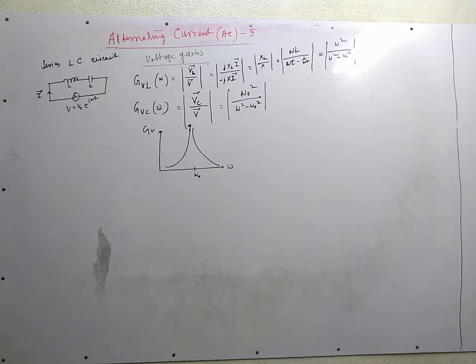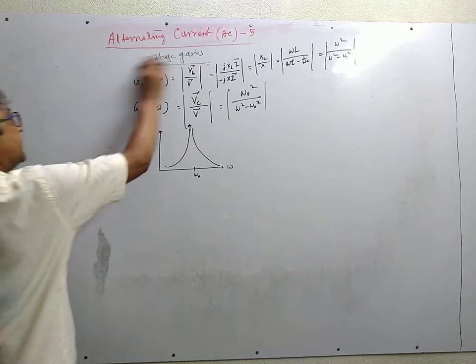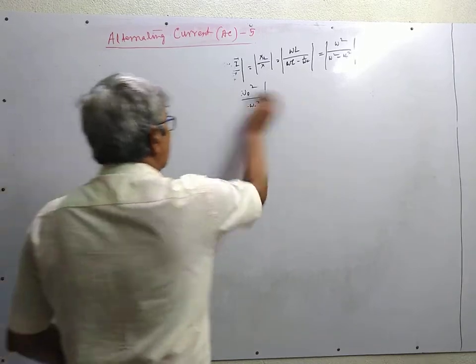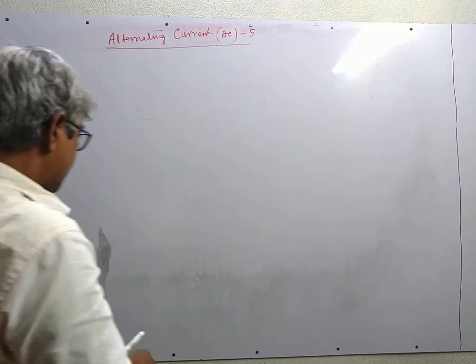Now we shall take up the parallel LC circuit, a parallel LC circuit with parallel combination. The circuit, let me first draw the circuit diagram for it, and then I shall analyze it in the same fashion.